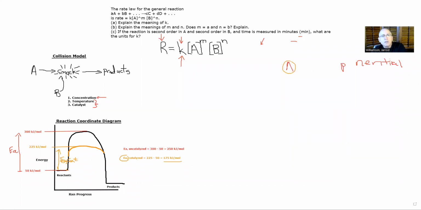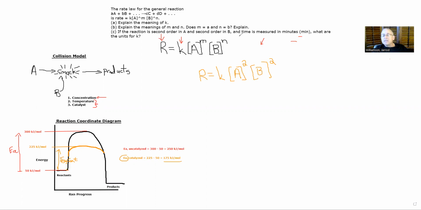All right, so let's clean this up a little bit. If it's second order, it means R equals K, A second order, B second order.